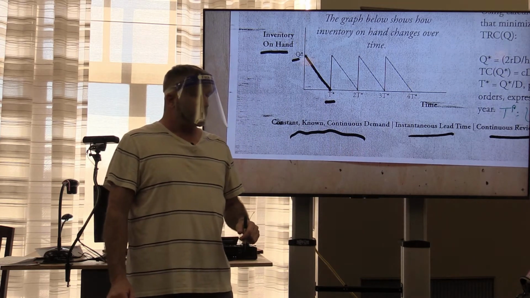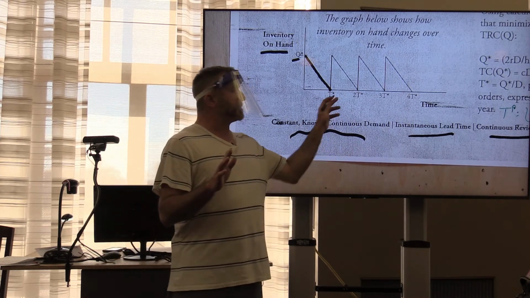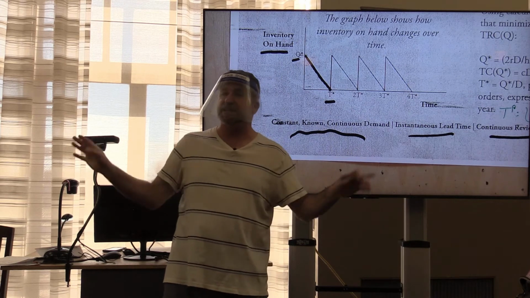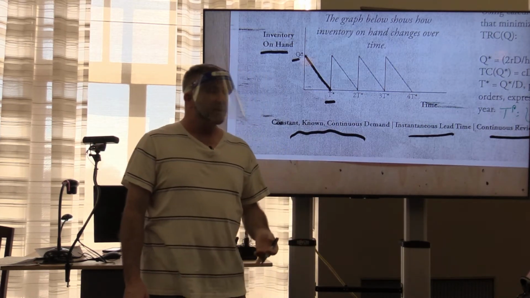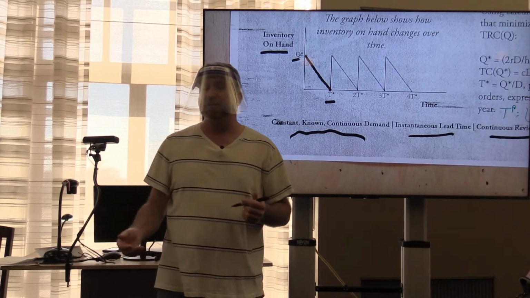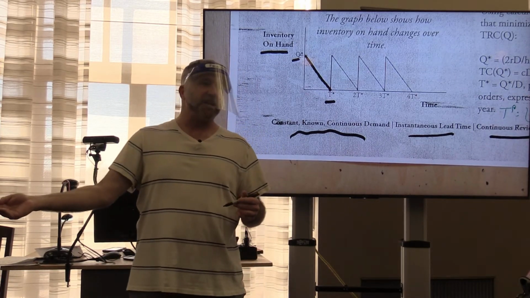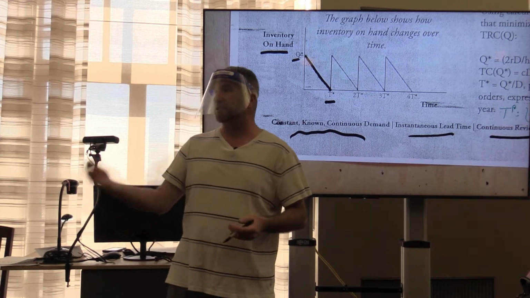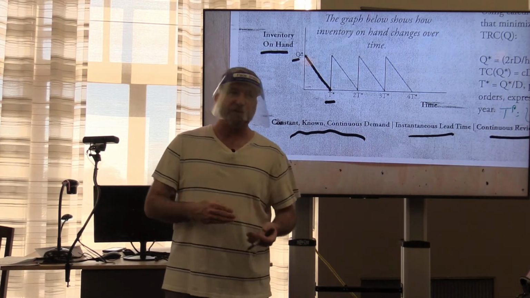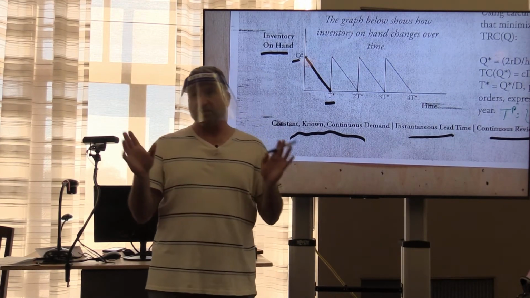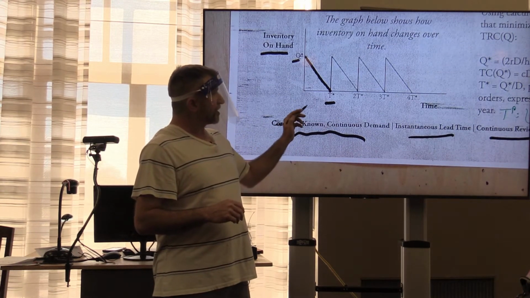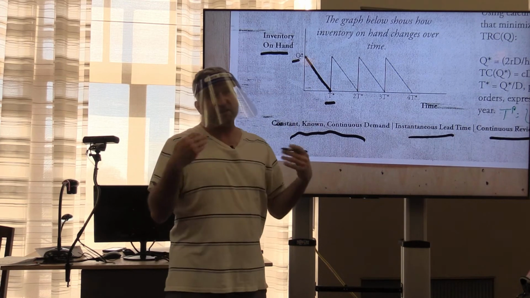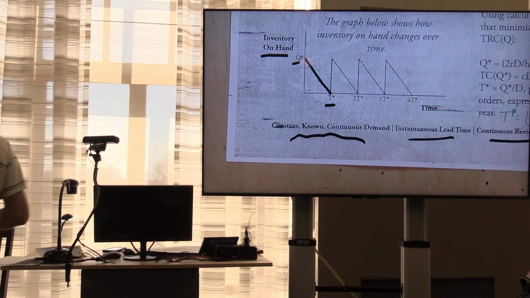And again, the reason why in this model you wait until you're completely out before you reorder is because we were assuming no lead time. But of course, in reality, if you know you're going to be out in 2 days and it takes 2 days for it to get to you, you need to make that order 2 days in advance. That's all it is. And so all we need to do in our model is figure out how to adjust these things to figure out exactly when we reorder.